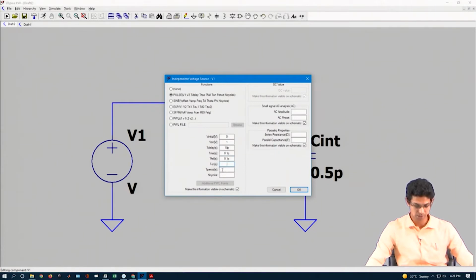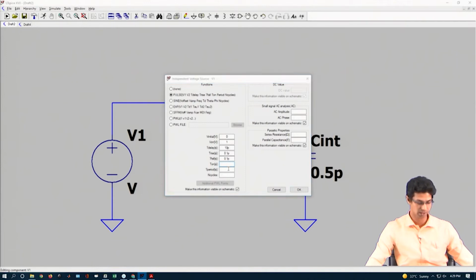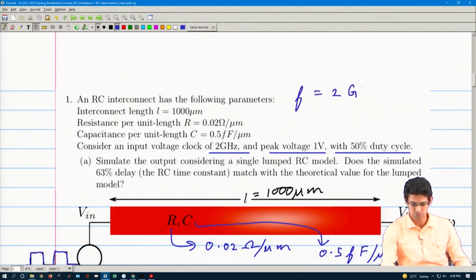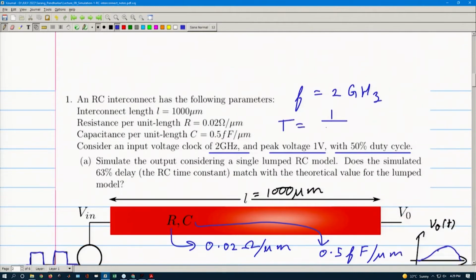Now, what about T on and the time period? T on and time period will be decided by the frequency that you have. So, for this you have a frequency of 2 gigahertz. So, your time period will be 1 by 2 into 10 to the power 9, or 0.5 nanoseconds, and then your T on would be half of that, if we consider 50% duty cycle.